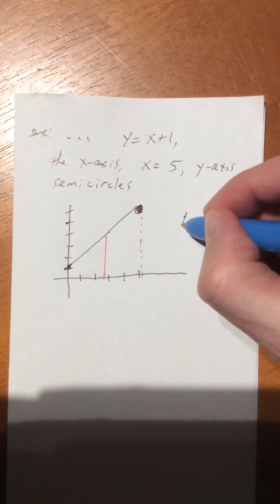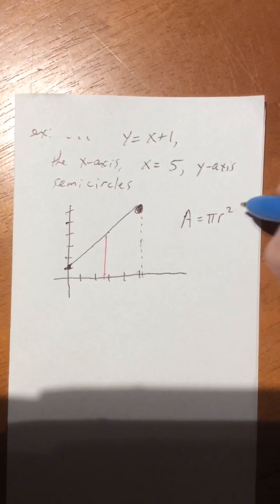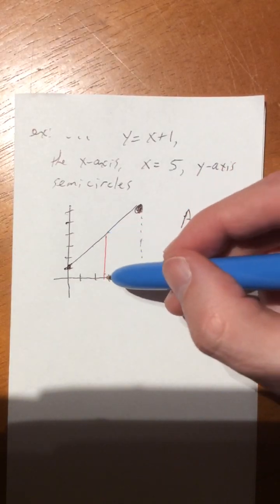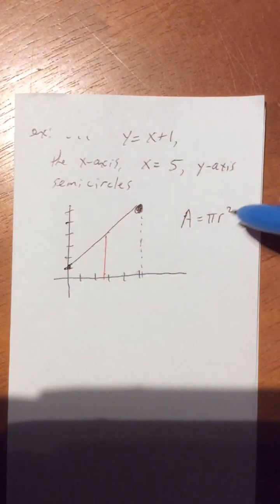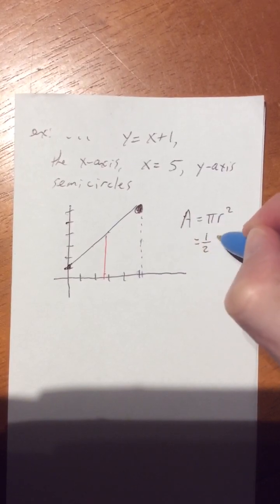Well, first of all, we know the area of a circle is pi r squared. But we don't want a full circle. We only want half a circle, right? We only want the circles that are growing out of the paper, not ones growing through the bottom of the paper and coming back up. So we want half of that. So we really want 1/2 pi r squared.